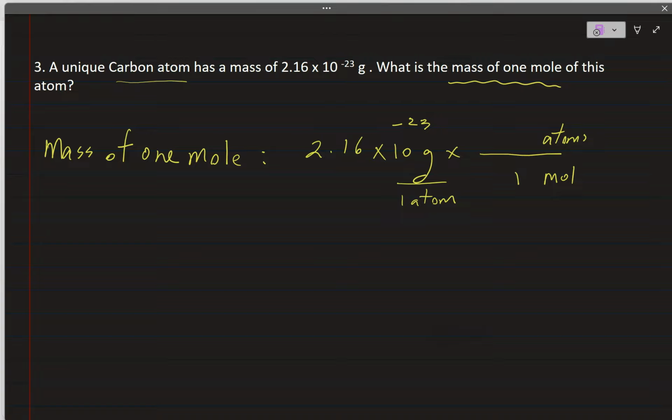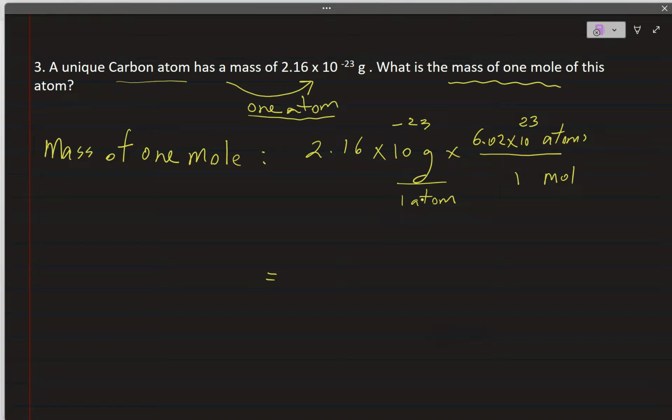And we know that is 6.02 times 10 to the power of 23. That's the Avogadro's number. So the way you set this up, be aware that it says one atom has this mass. That's one atom, okay? So if one atom has that mass, then in 1 mole, we have the Avogadro number, the number of atoms in 1 mole.